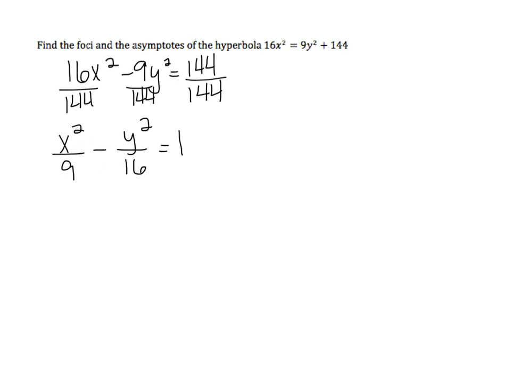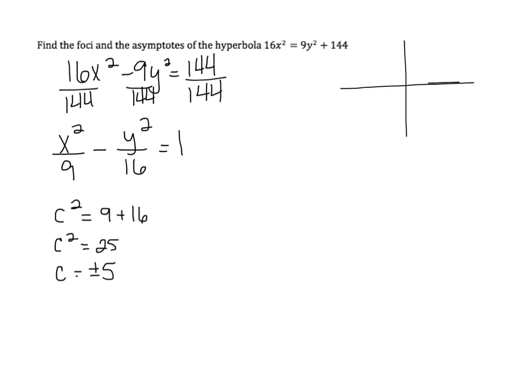So now I need the foci and the asymptotes. In this case, to find the foci, I use the Pythagorean theorem. So c squared is equal to a squared plus b squared. So c is the square root of 25, plus or minus 5. So let's take a look at what this might look like graphically.